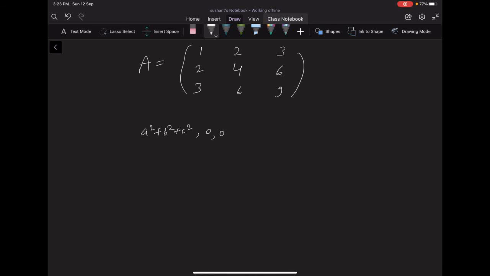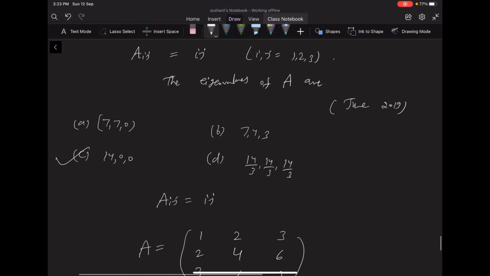But here A, B and C are 1 to 3. So 1 square plus 2 square plus 3 square, 0, 0. So 14, 0, 0 are the eigenvalues of this matrix A. So option C is the correct option.